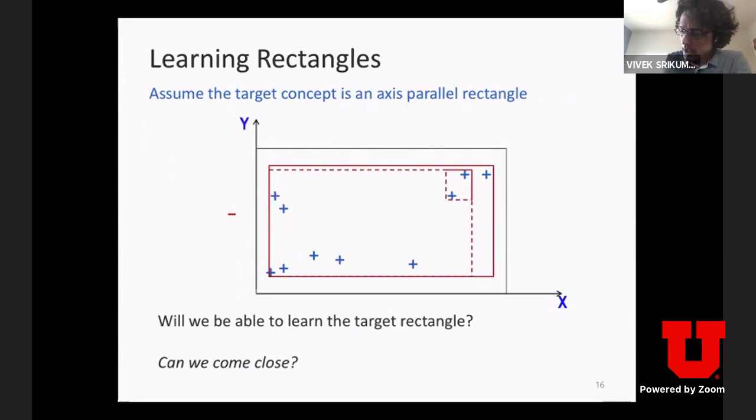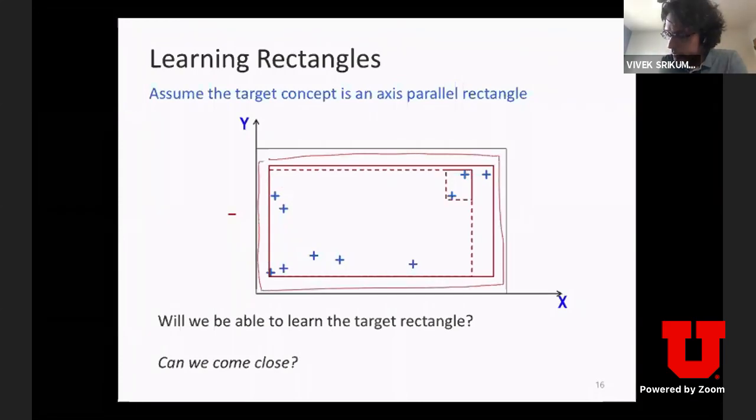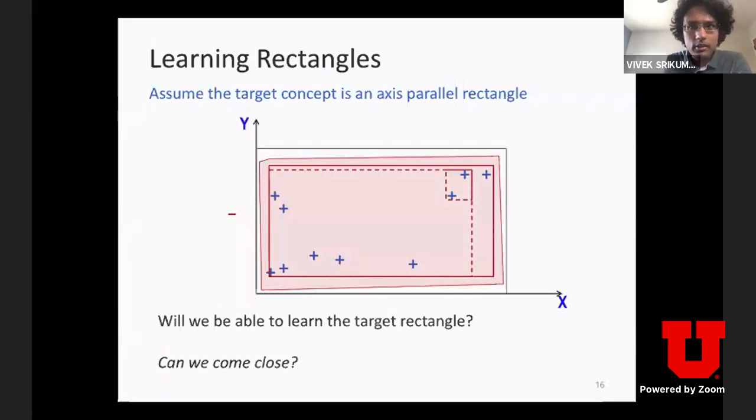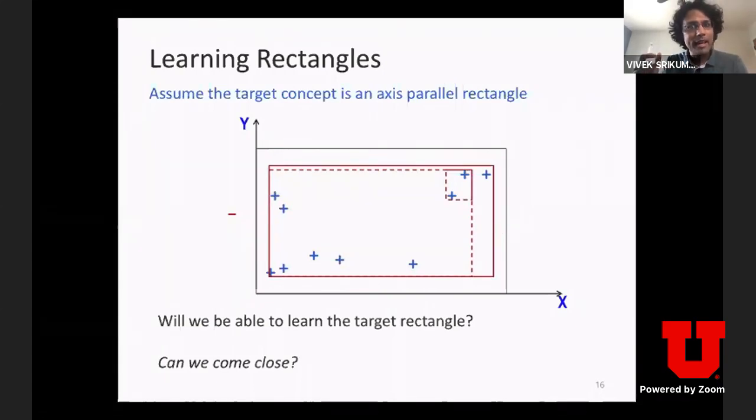Here's the thing: the rectangle that's covering all the positive points is clearly a correct classifier, but so is this rectangle that I'm drawing right now. Well, almost a rectangle. What we have to think about is, do we really care about the exact rectangle, or can we just think about different kinds of rectangles as being equivalent as far as this training set is concerned?